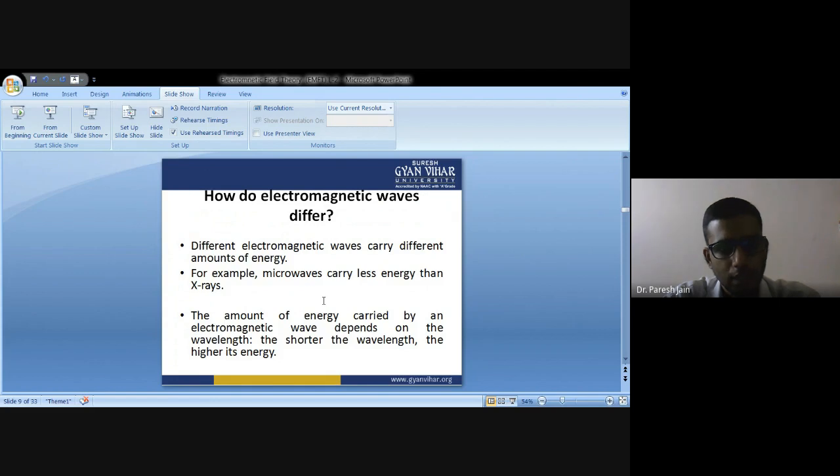The amount of energy carried by an electromagnetic wave depends on its wavelength. So the wavelength is inversely proportional to the energy. It is also inversely proportional to the frequency, and frequency is directly proportional to the energy.